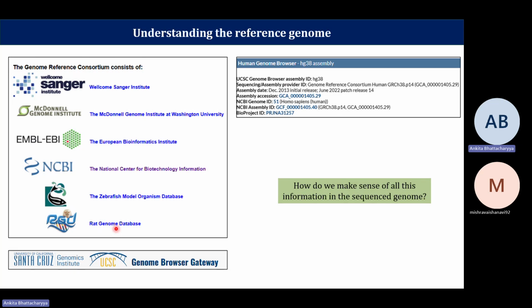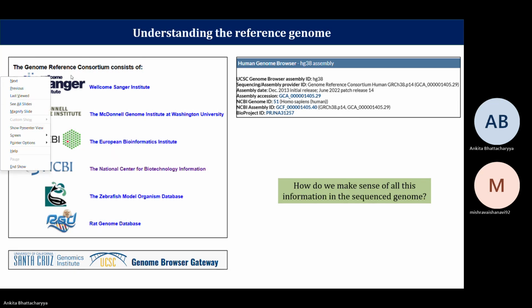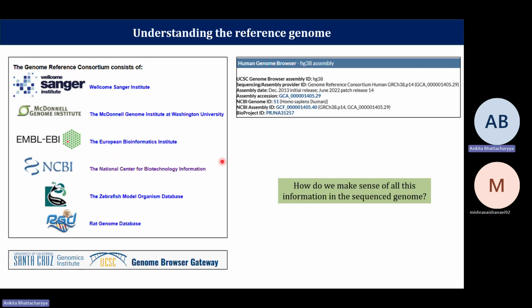One of the ways, which I actually even showed you a couple of classes ago, is by using the UCSC Genome Browser, which is a portal maintained by the University of California, Santa Cruz. And as you can see, all of this information on the right is also available on that website, where you can see that the browser assembly currently taken into consideration is hg38.